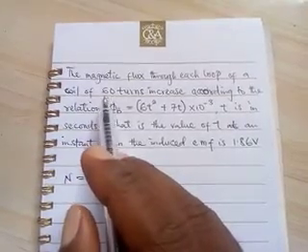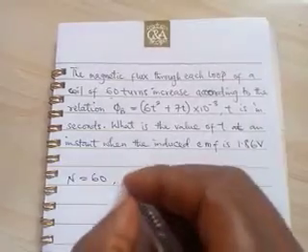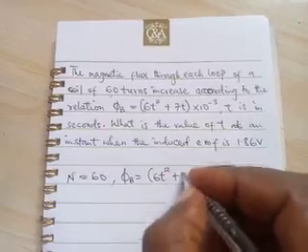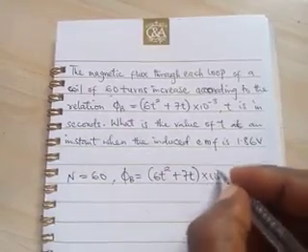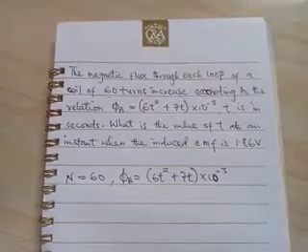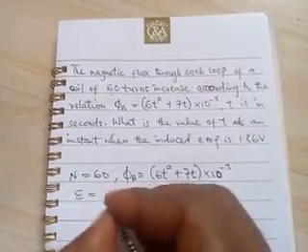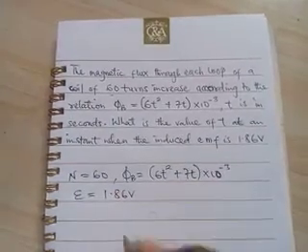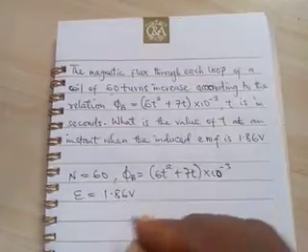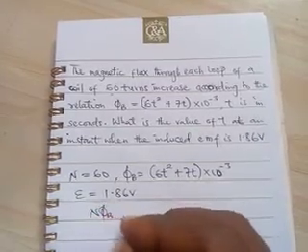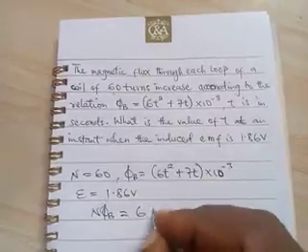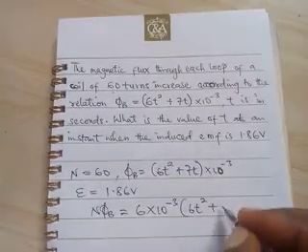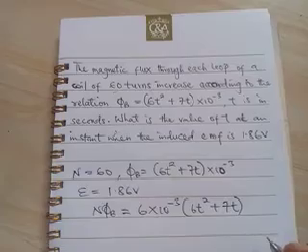The magnetic flux is given to us, and the EMF is given as 1.86. We need to know that the total flux through the coil is equal to 6 times 10 raised to power minus 3 into 60 plus this.